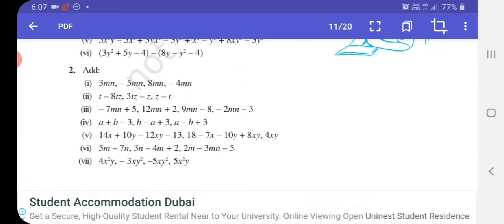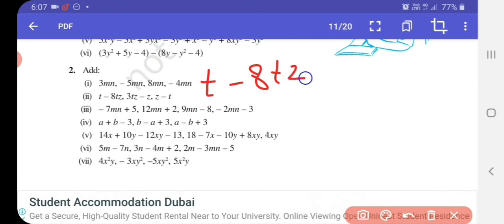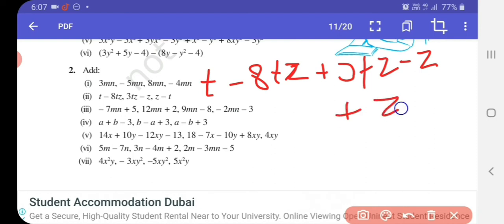First of all, write the expression as t minus 8tz plus 3tz minus z plus z minus t. Okay, this is minus z, this is plus z, this is plus t, this is minus t, both are cancelled.